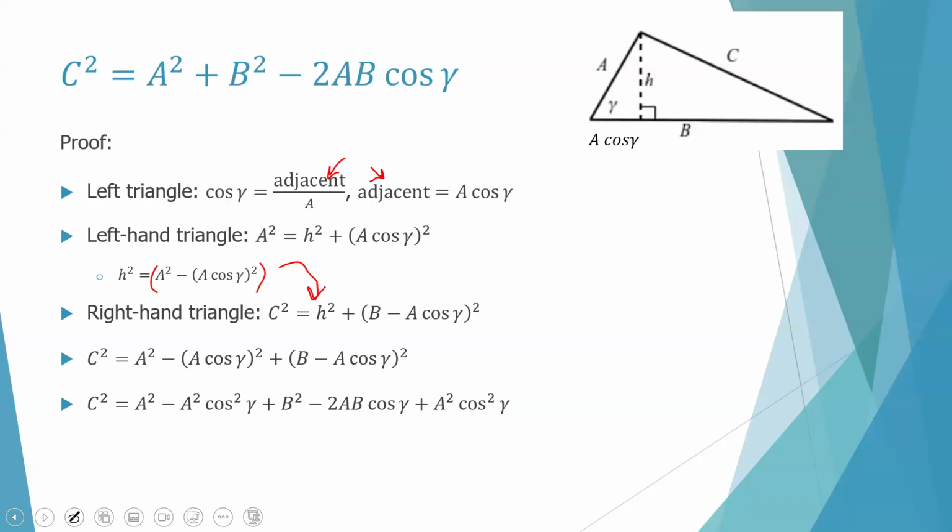Now let's combine terms, right? That's the goal here, combine terms. What do we have? Well, I have c squared is equal to a squared plus b squared minus 2ab cosine gamma, because this piece here and this piece here go to 0, right?